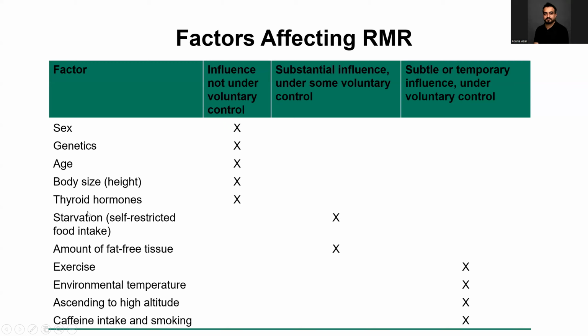And among people with hyperthyroidism, in whom the level of thyroid hormones is high, resting metabolic rate is also high. In self-restricted food intake, we see a low resting metabolic rate.